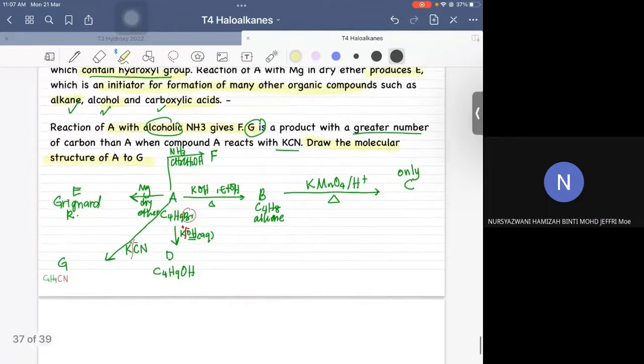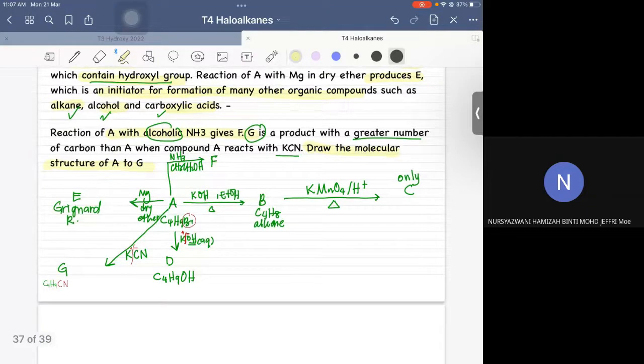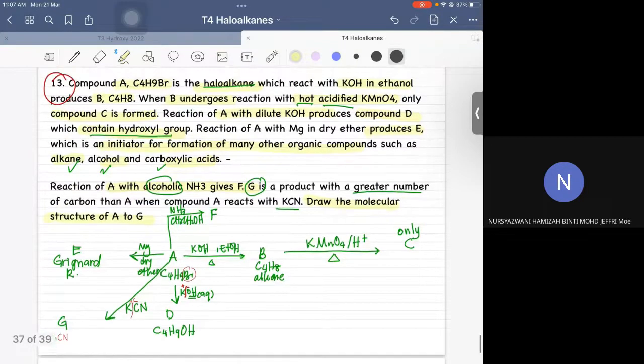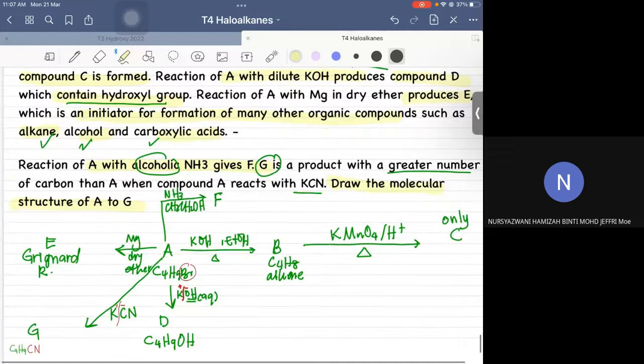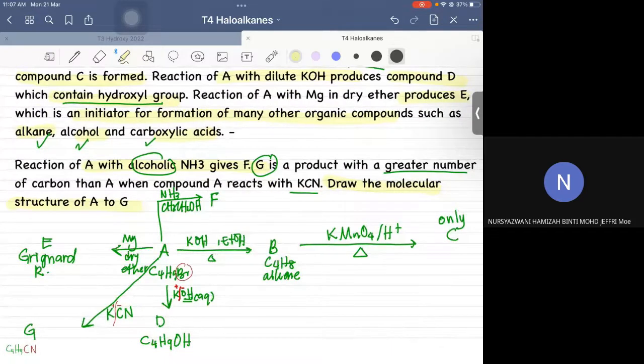Sekarang adakah kita boleh tunjukkan struktur sebenar A ni? Adakah kita akan mula dengan A? Jika kita mulakan dengan A, okay, perhatikan dekat sini, kita mula dengan A, kita tahulah Br ni substitute dengan NH2, magnesium, CN-, OH.